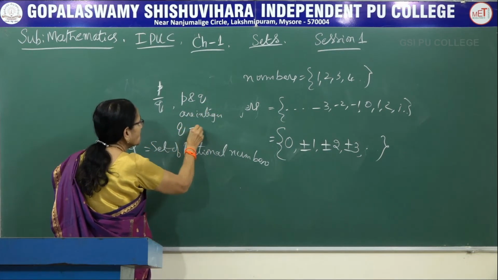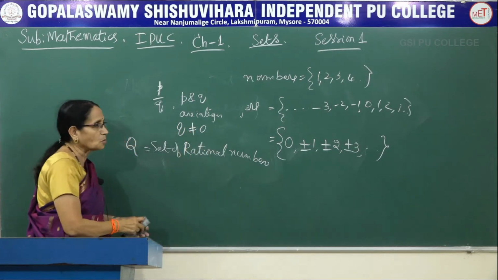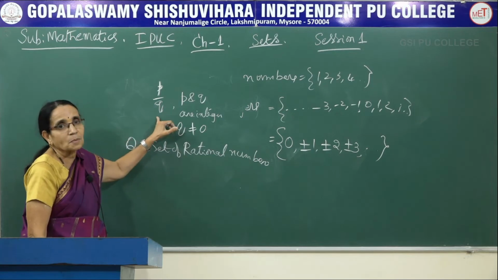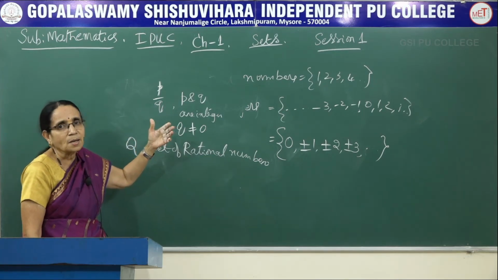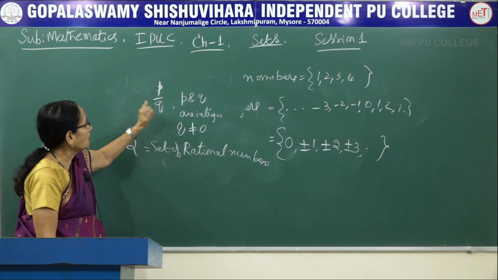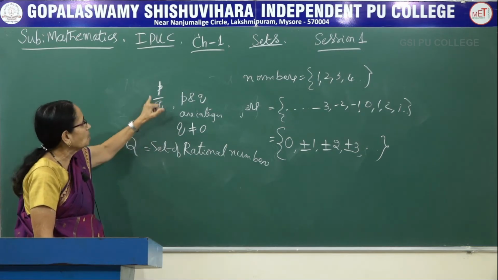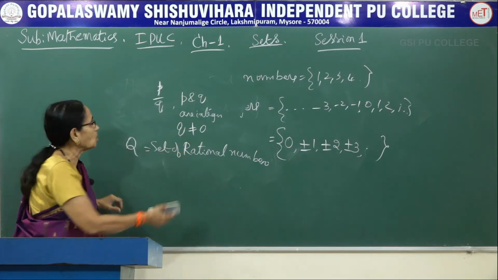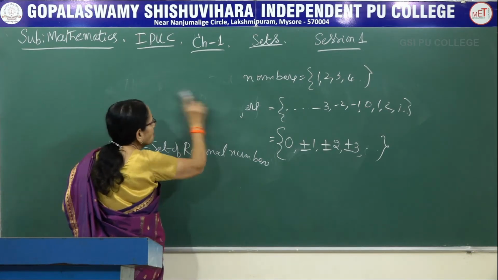And q is not equal to 0, because if q takes the value 0, we will be dividing by 0, which is not defined in mathematics. Therefore, any number of the form p by q where p and q are integers and q not equal to 0 is called a rational number.